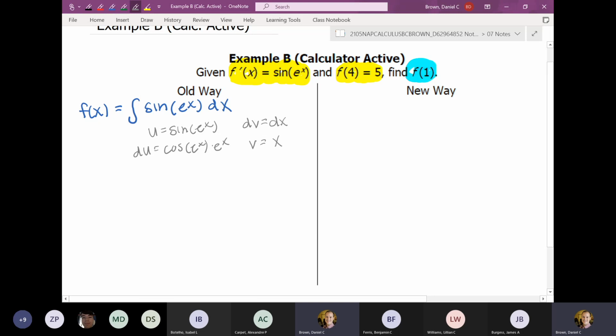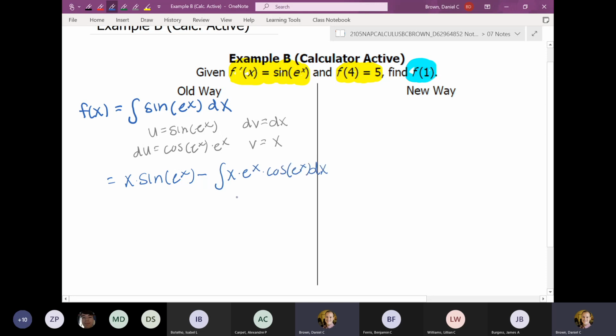So when I find my u and my dv, we have the du and the v. Writing this one out, I have u times the v minus the integral of v du. And this is where I'm going to stop.